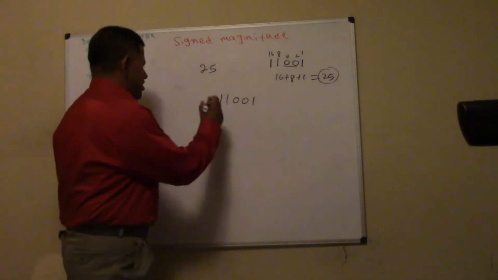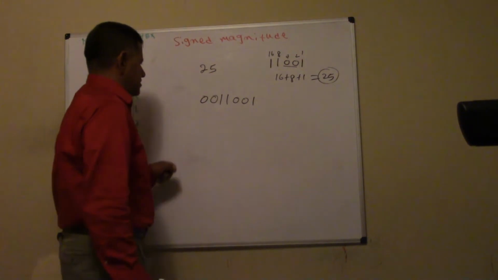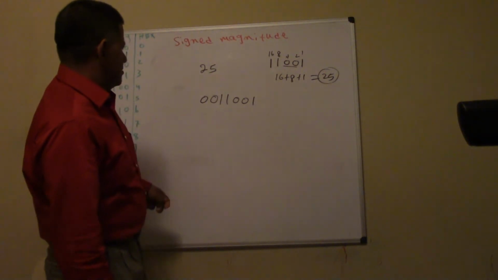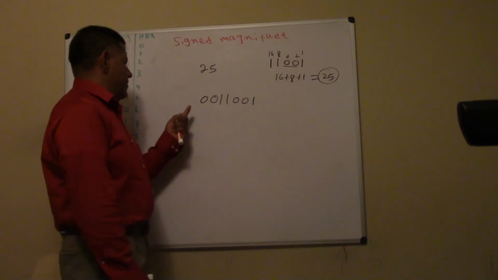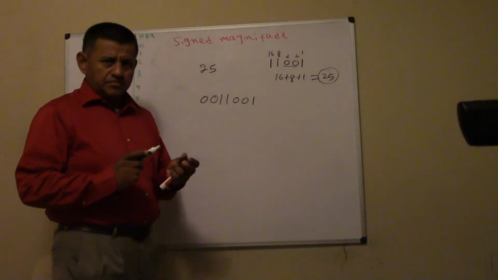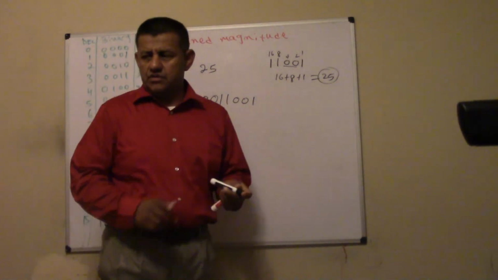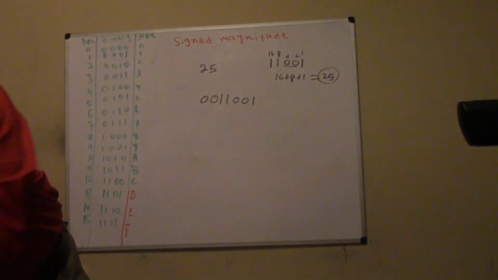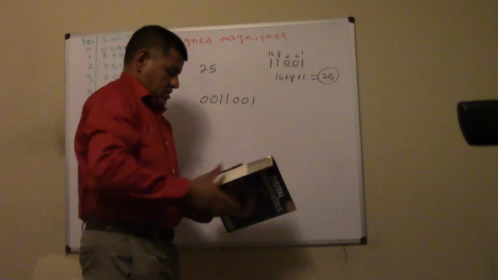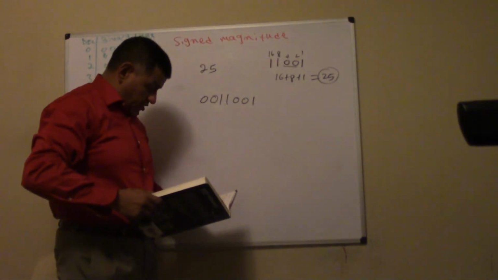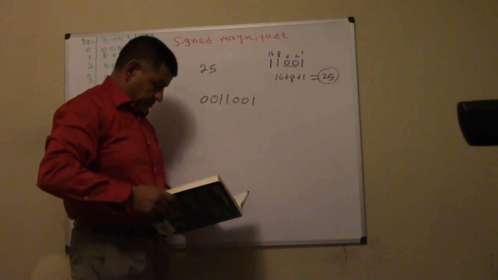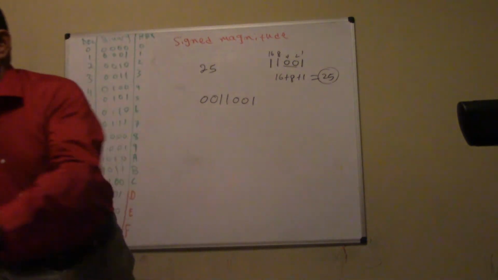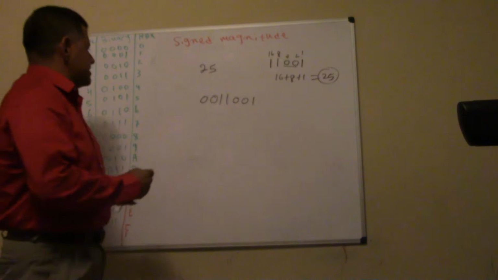Let's put another 0 on it. Now, this is a positive number. If you want to represent that number with another 0, it's also fine. The book has another 0 on it.